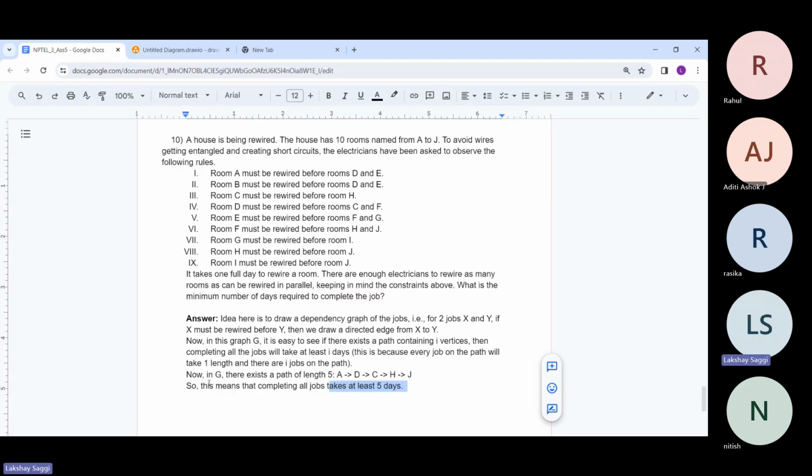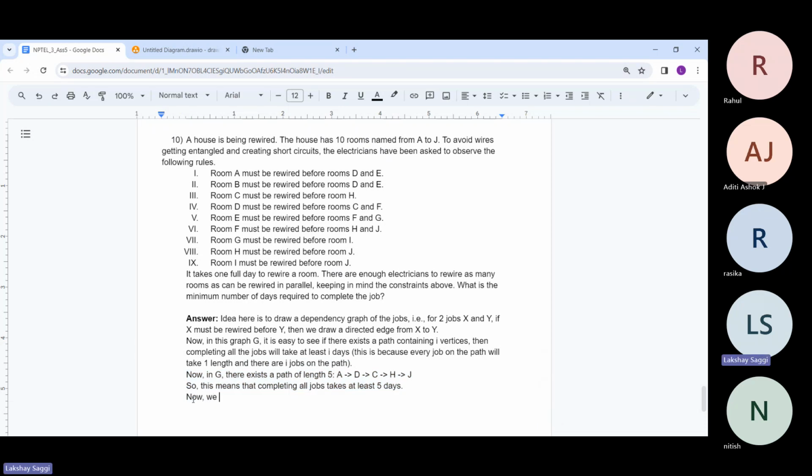That's also what we want to argue. And that's why I'm arguing that since there exists a path of length 5, we can't complete our jobs in 4 days. We will take at least 5 days. So for arguing optimality, we are giving this argument that completing all jobs takes at least 5 days.